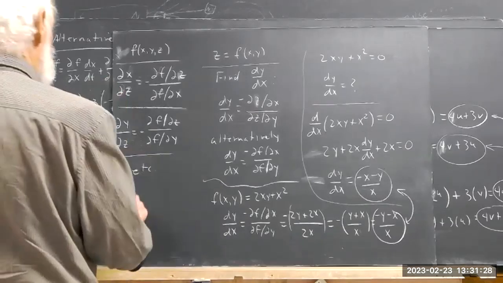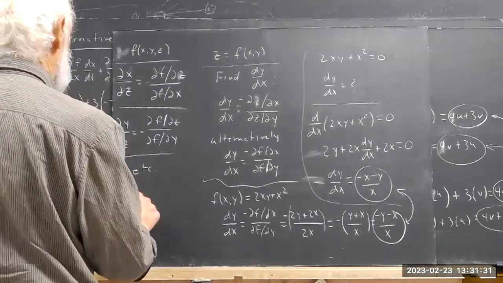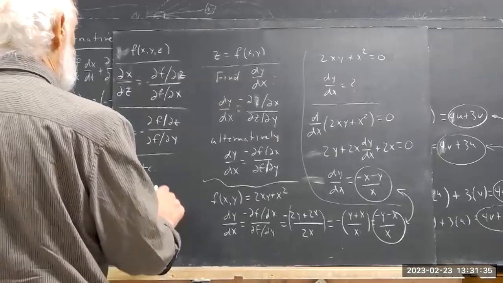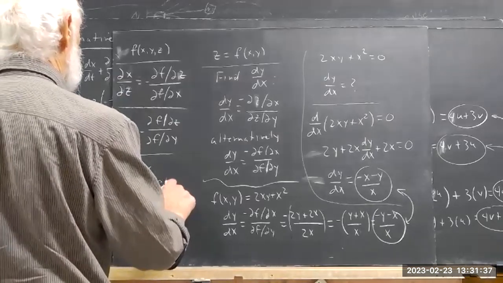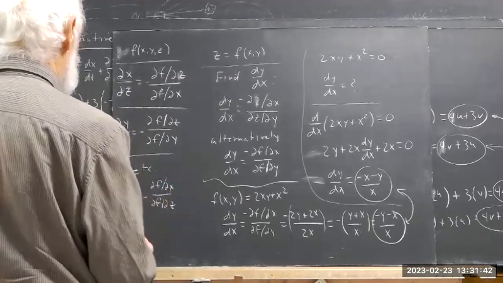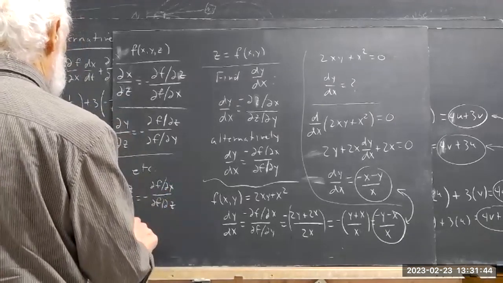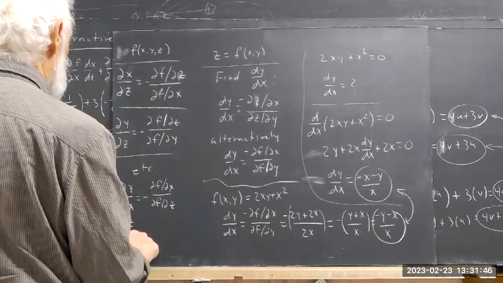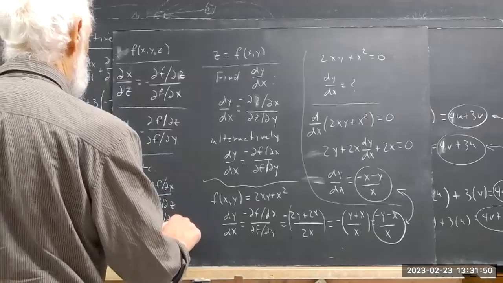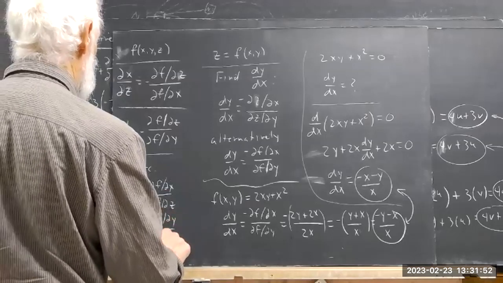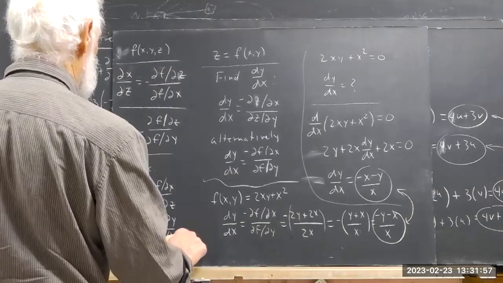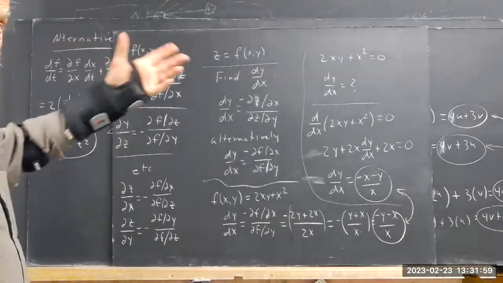So they would kind of reverse this: partial of z with respect to x equals negative partial of f with respect to x over the partial of f with respect to z, and the partial of z with respect to y would be negative partial f with respect to y over partial f with respect to z. These are valid also.